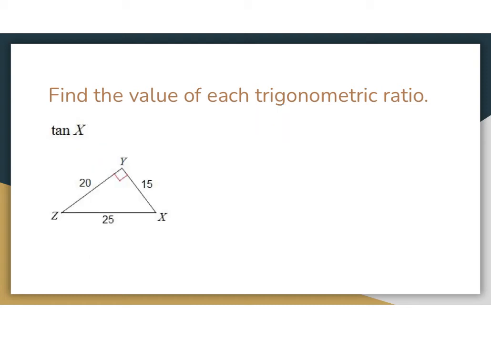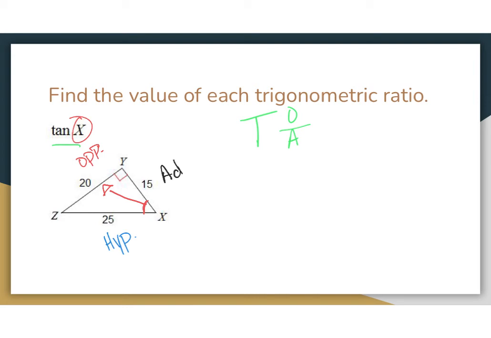Now I will do this one more time, but for tangent. Tangent is the last 3 letters, so that is T, opposite over adjacent, or O over A. I am going to figure out the angle we're talking about. We're talking about X. So that means the opposite side would be 20. The hypotenuse is the bigger number, or the side opposite of the right angle.